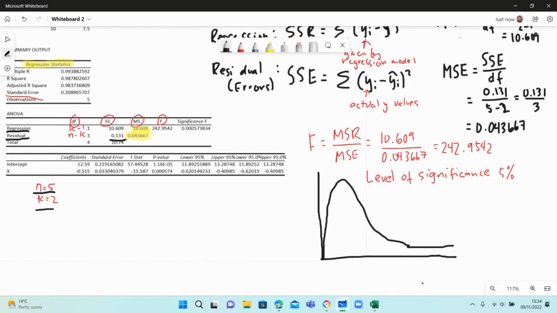And what happens is if we assign a level of significance that is 5%, then it means that the far right end of our F distribution will have a region of rejection. Okay, so this is the region of rejection.